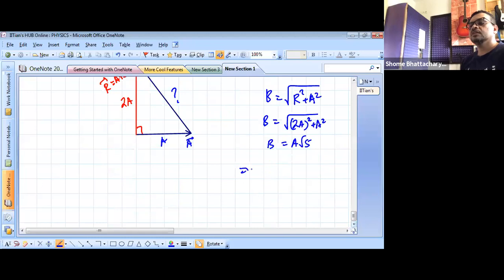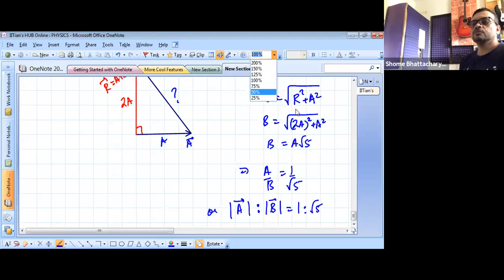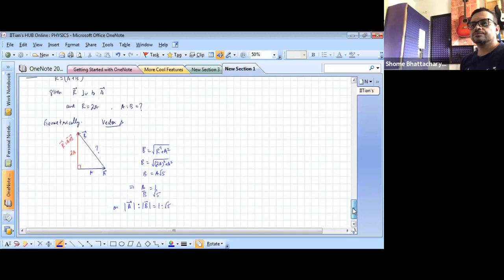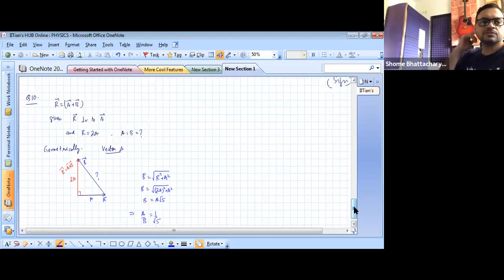So from this you can see that A by B will be 1 by root 5, or magnitude of A, ratio with magnitude of B, will become 1 to root 5. Okay. So this is one very straightforward way of doing this question, which I think is the simplest way of doing the question.